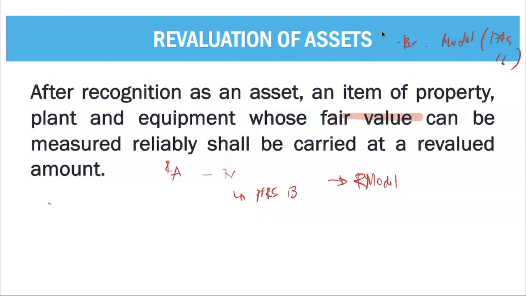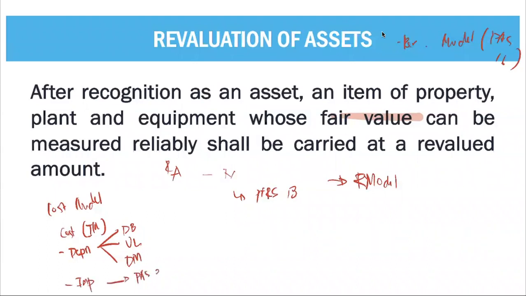Now, take note for your cost model, what do we look at? Only your historical cost based on your initial measurement, less your depreciation, which we already discussed, as to its depreciable base, its useful life, and the depreciation method. We also discussed already your impairment under PAS 36, wherein we compare your carrying amount to your recoverable amount.